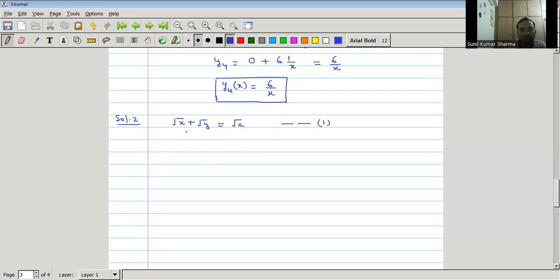So you can try by converting this into under root y equal to under root a minus under root x. Squaring both sides, we get y equal to under root a minus under root x whole square, that is equal to a plus x minus 2 under root a under root x.